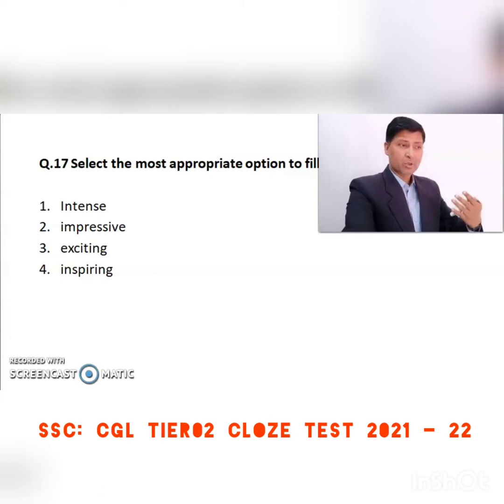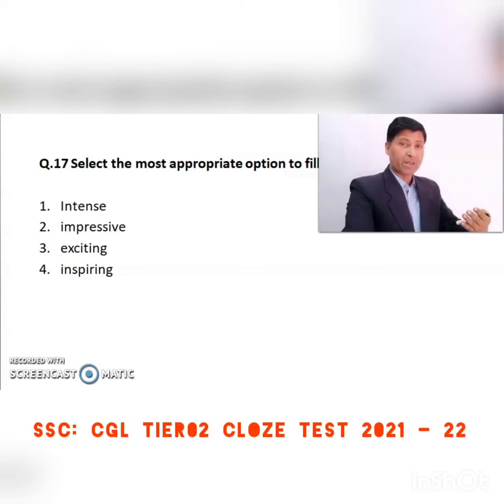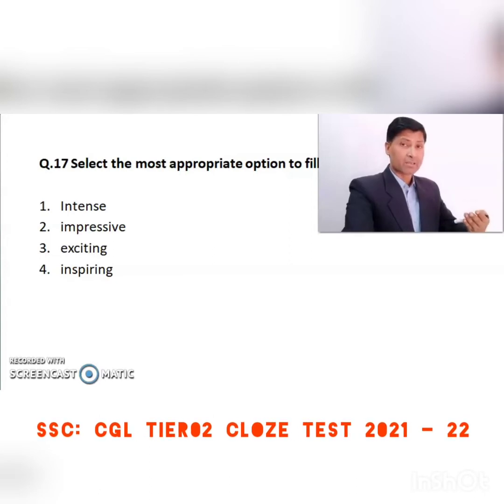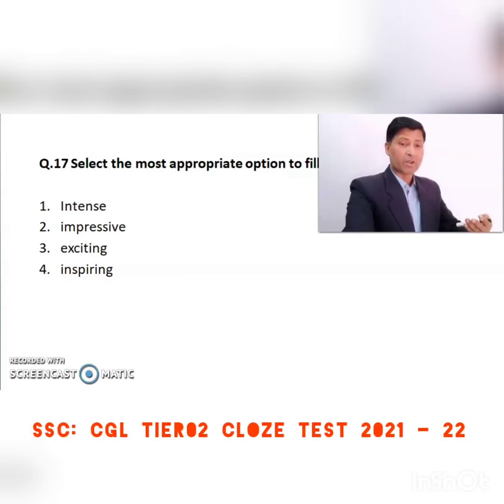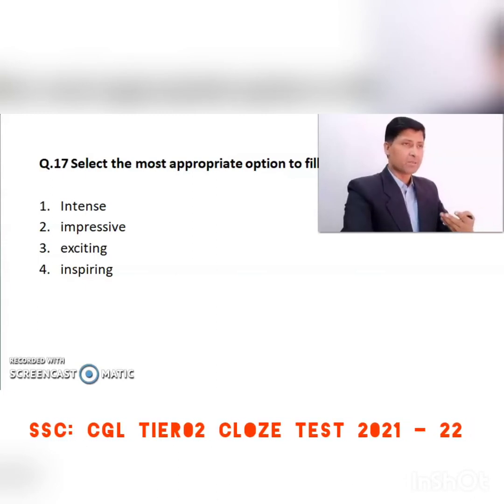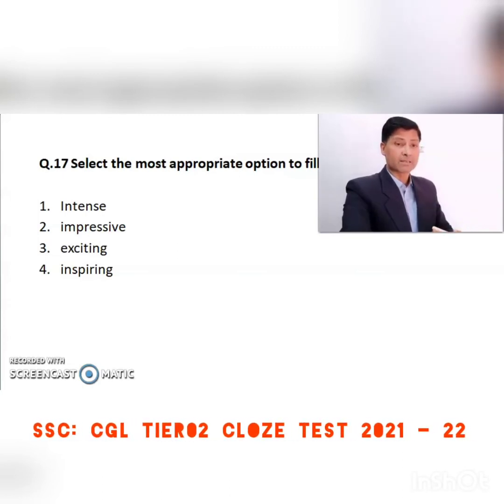Here the author is talking about 350 kilometer long canyons. This is impressive, not intense or exciting or inspiring. Inspiring means motivating, encouraging, so it has something to do with feeling, not with size.